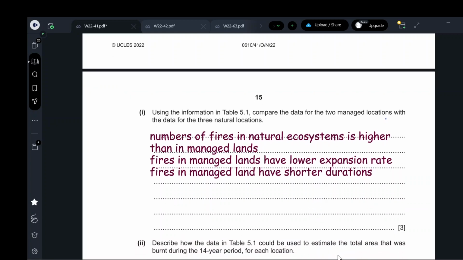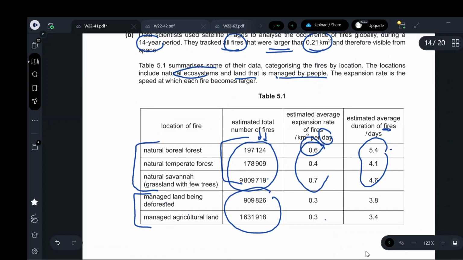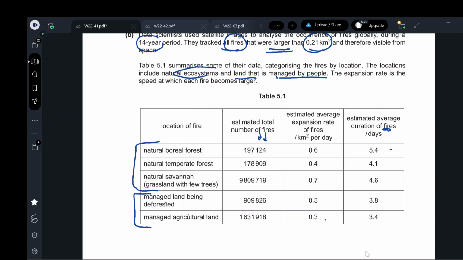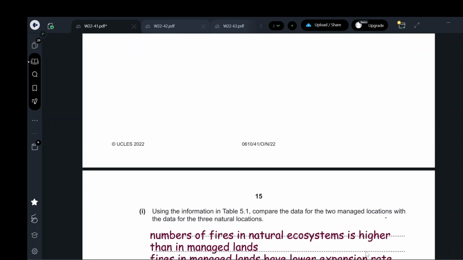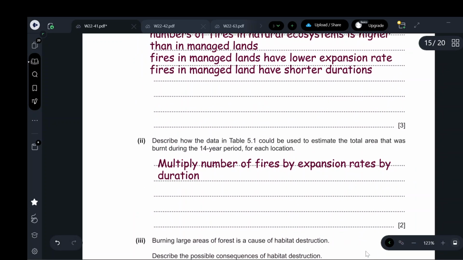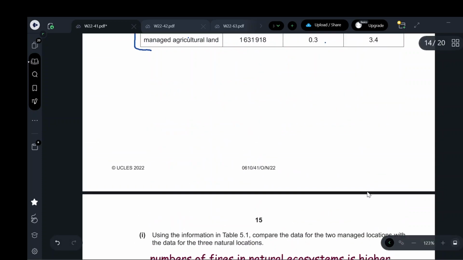Describe how the data could be used to estimate the total area that was burned during the 14-year period for each location. If I want to know the total area burnt, what am I going to do? I will multiply all the numbers. I will multiply the number of fires by expansion rate by duration.